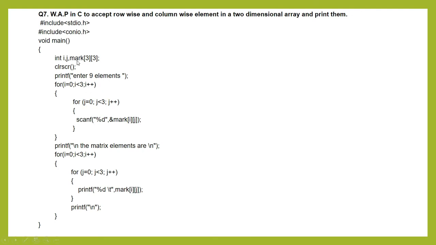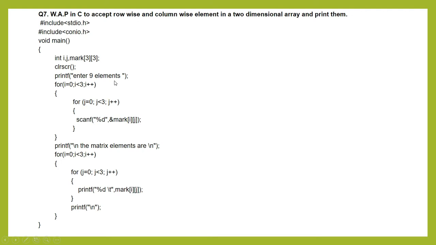Here the array name is mark, 3 by 3, meaning 3 rows and 3 columns. For rows and columns we control with two variables, i and j. Then you have to print the message for entering the 9 elements because it is 3 by 3.